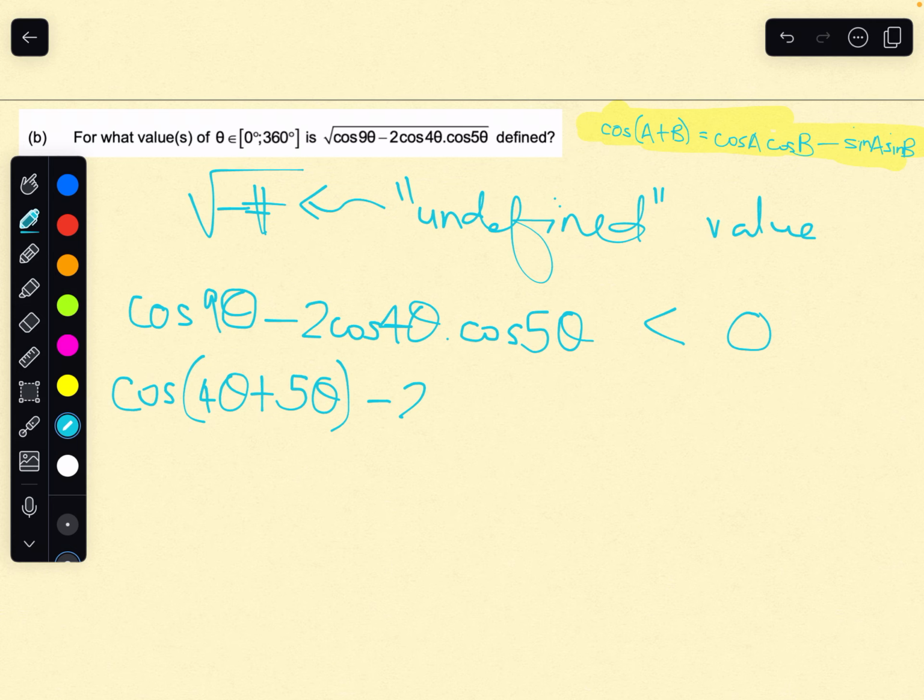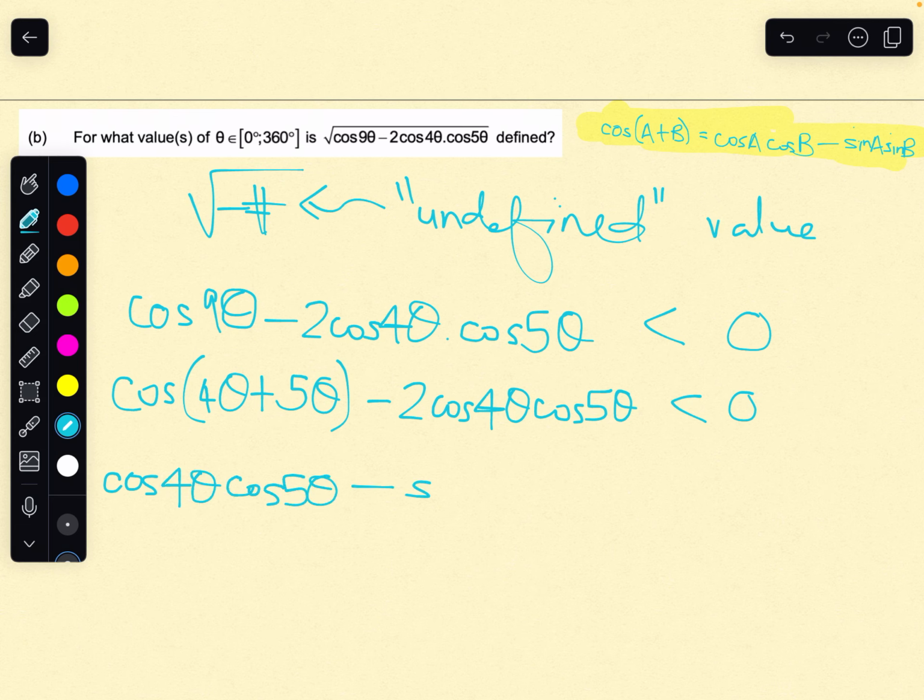Right, and then that'll be cos 4 theta cos 5 theta minus sine 4 theta sine 5 theta, minus 2 cos 4 theta cos 5 theta. This thing's not going to fit.